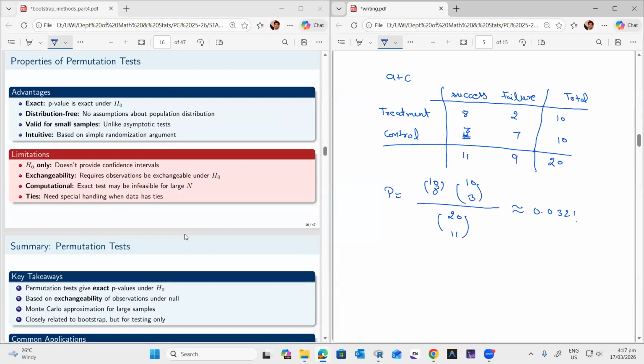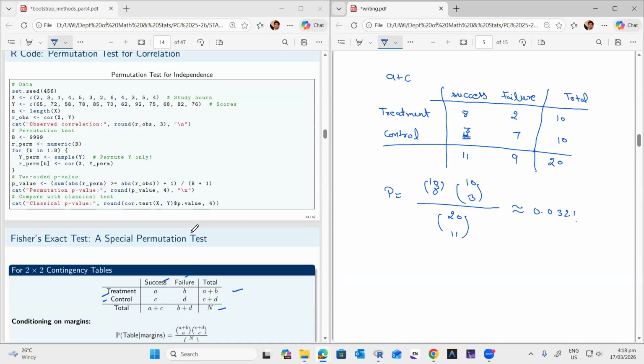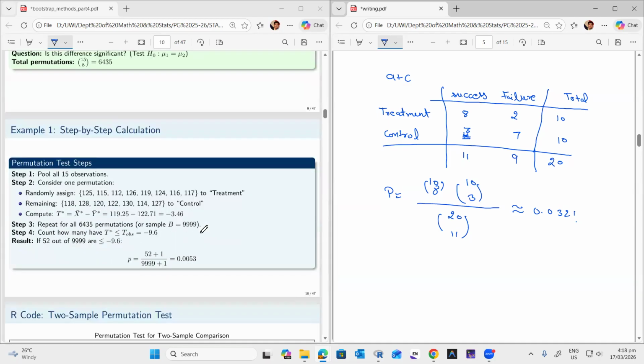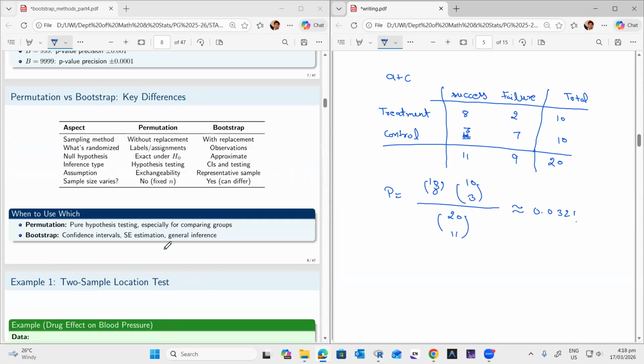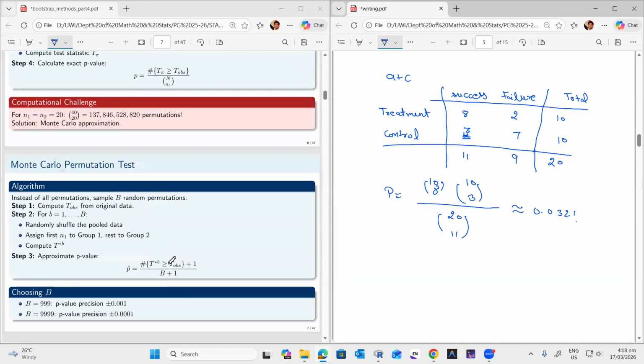So the properties of the permutation test are: the p-value is exact under H naught, because we take the sum of the observations that are greater than or equal to the observed value, plus 1, divided by B plus 1, the number of replicates.